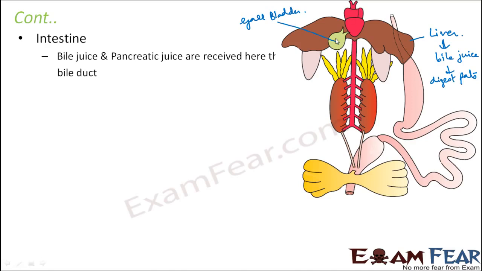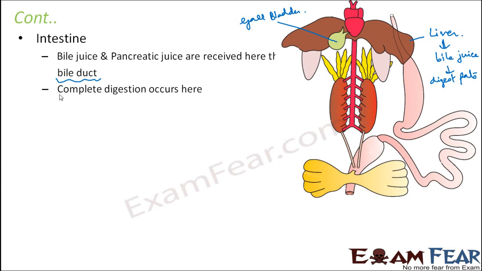This bile juice in the gallbladder and the pancreatic juice in the pancreas should reach the intestine. How will they reach the intestine? Through the bile duct. There is a bile duct, a tube-like structure, which will carry the bile juice from the gallbladder to the intestine, and it will also carry the pancreatic juice from the pancreas into the intestine.